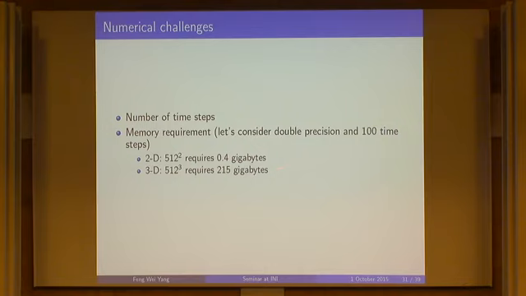Considering we store each solution using double precision, which would occupy 8 bytes of memory, and let's use 100 time steps for the sake of argument, we can compute using a uniform grid how much memory you would require.